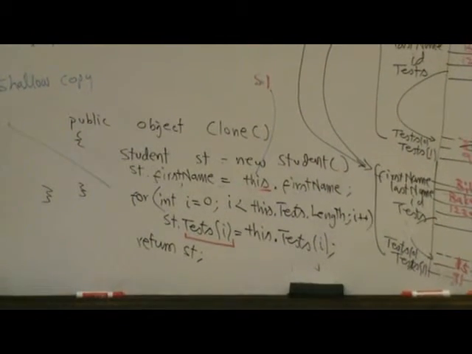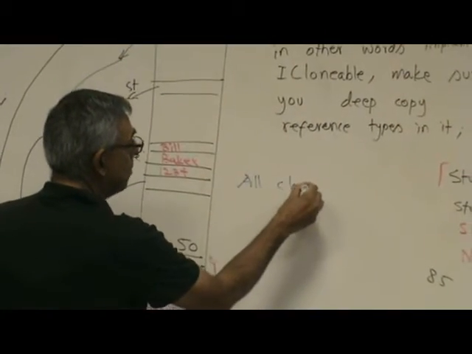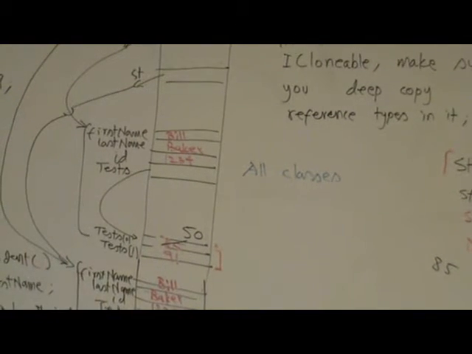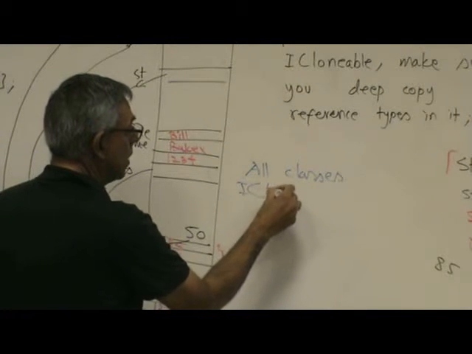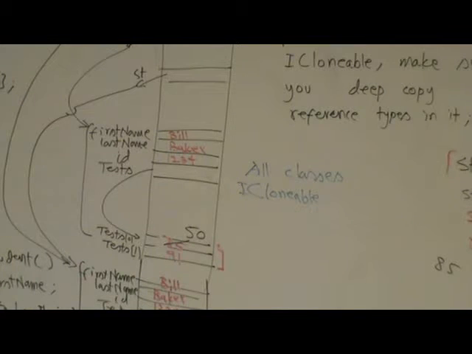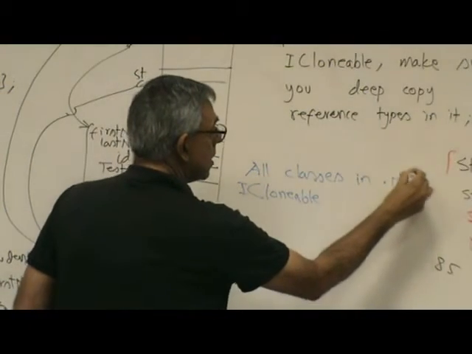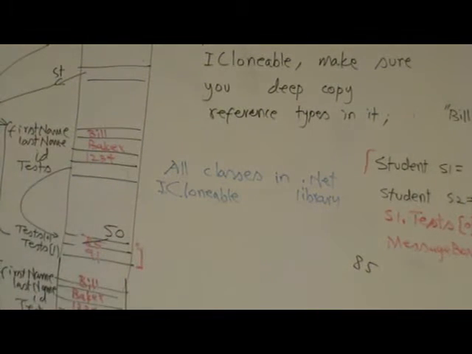Now, fortunately, pretty much all classes that are part of the .NET library already implement ICloneable. So you don't have to go one by one and copy things yourself if it is a reference type. Okay, so all classes in the .NET library implement ICloneable to begin with.